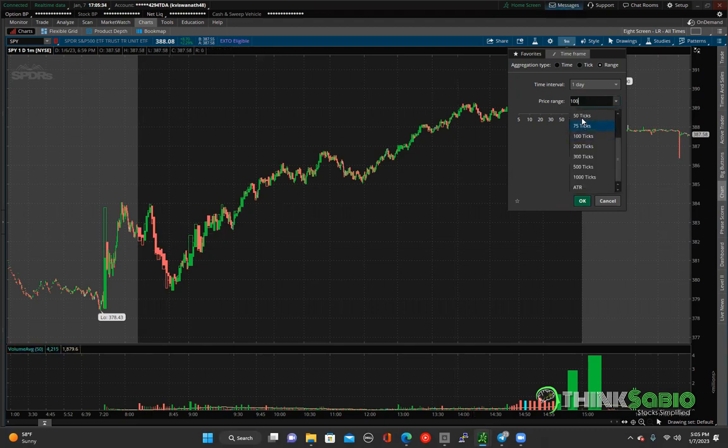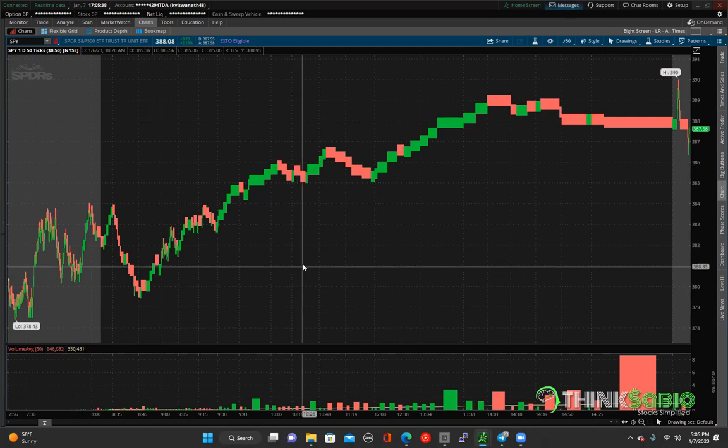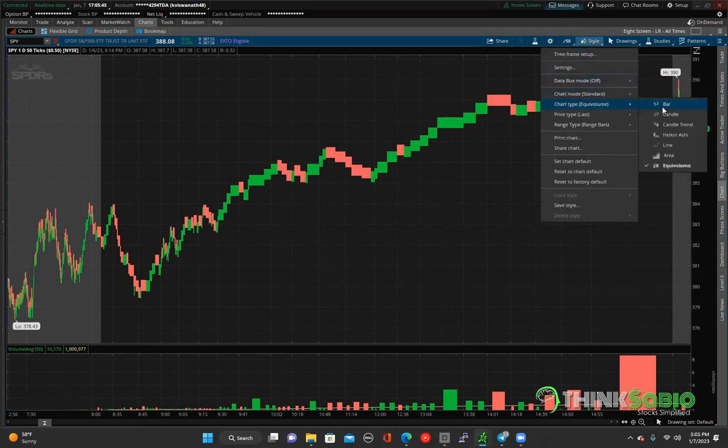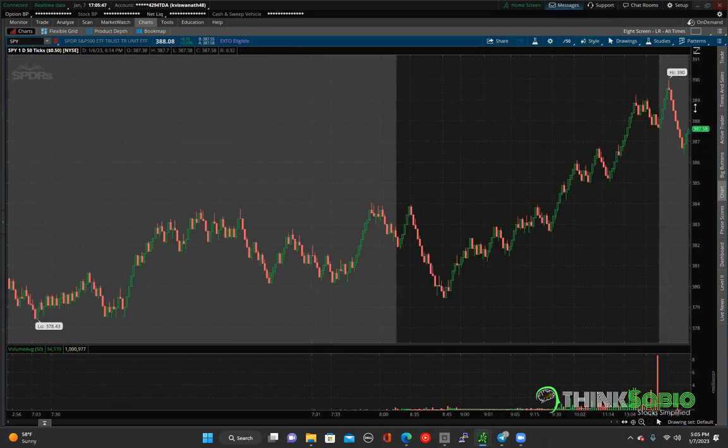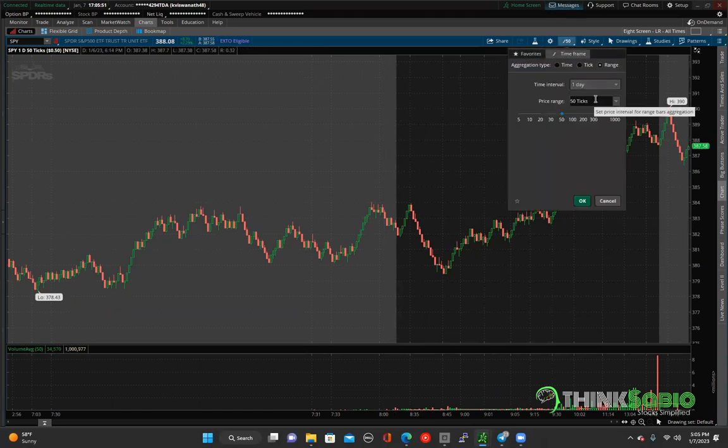It will only show you by ticks, meaning only if the price moves a certain level, it will show a candle. It will not show anything just because there is time. So there is also a time frame that is not a time frame, but it is range-based. But if you are talking about time, 1 minute is the minimum. If you want to go even lower than 1 minute, you can go to range and select ticks.